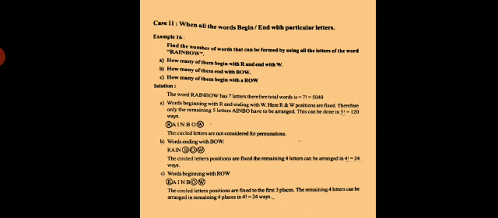Similarly, third one, words begin with R, O, W. So R, O, W, 3 letters. So remaining 4 letters arrangement can be done in 4 factorial ways, that is equal to 24. Hope now students you are getting the things.